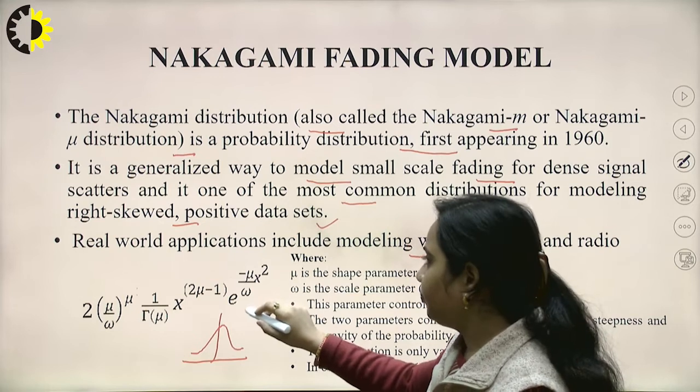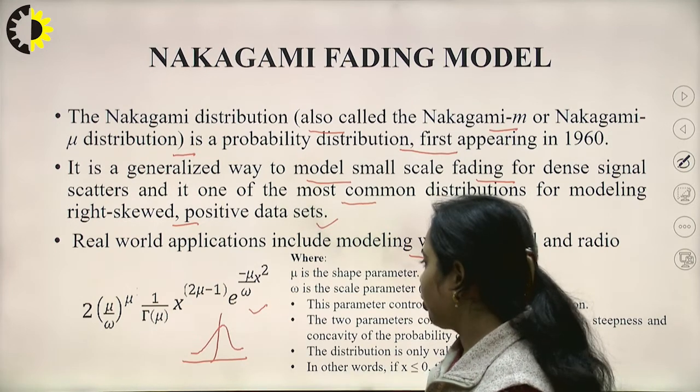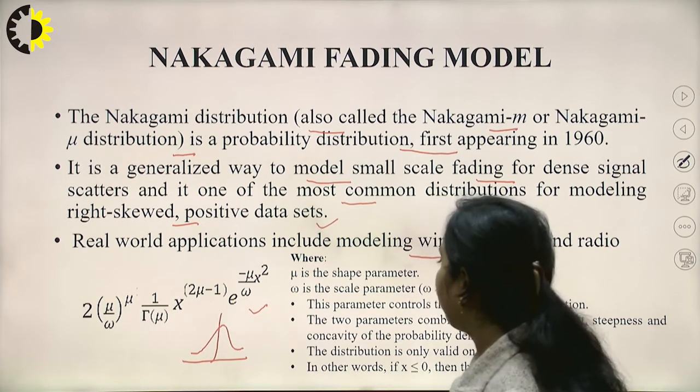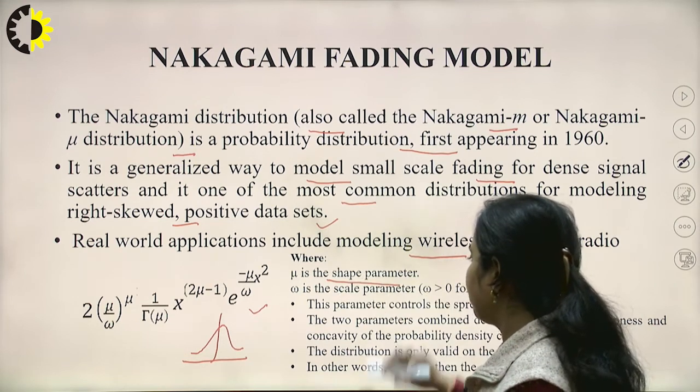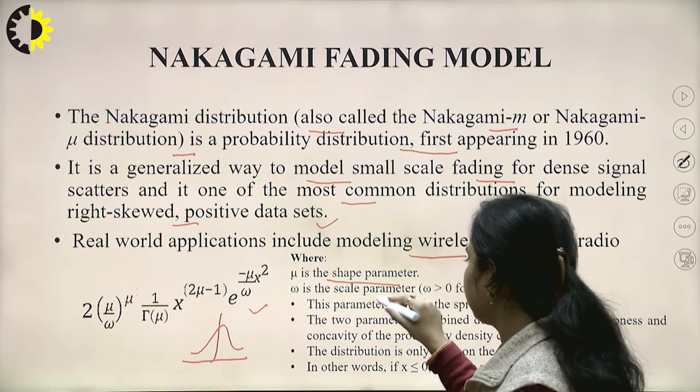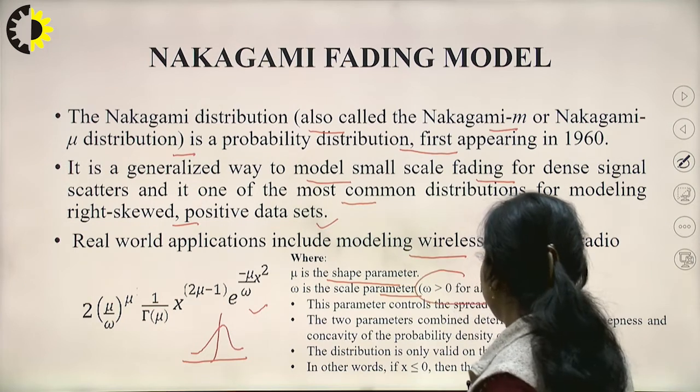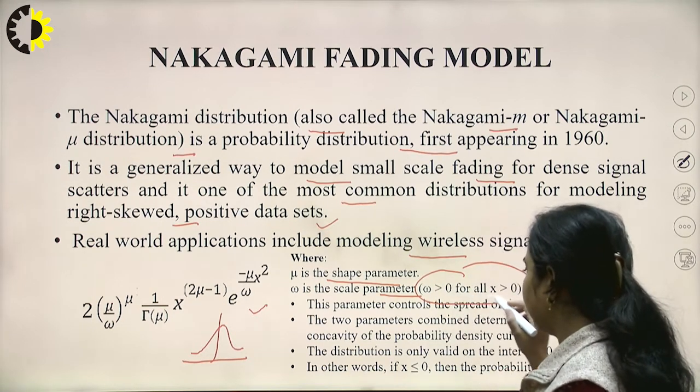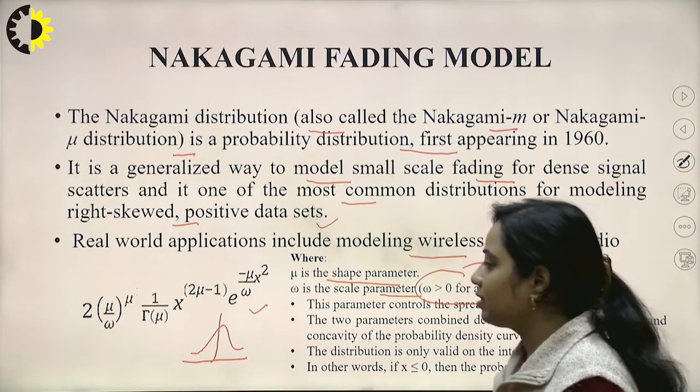This is the probability density function of the Nakagami model, where mu is the shape parameter and omega is the scale parameter, which means that omega is greater than 0 for all values of x greater than 0.